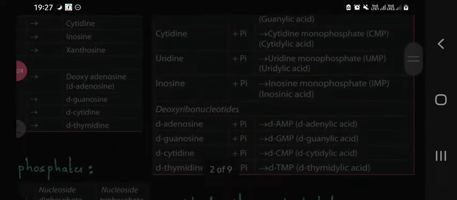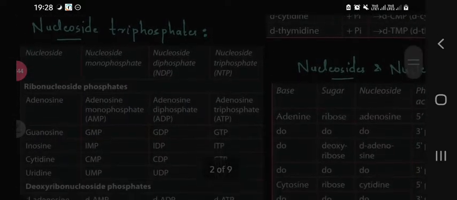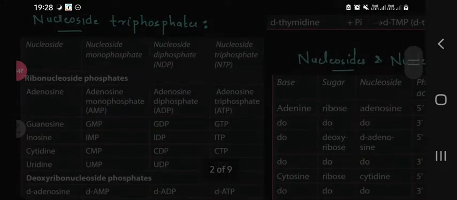Deoxynucleotides: deoxyadenosine plus Pi, dAMP, deoxyadenylic acid; deoxyguanosine plus Pi, dGMP, deoxyguanylic acid; deoxycytidine plus Pi, dCMP, deoxycytidylic acid; deoxythymidine plus Pi, dTMP, deoxythymidylic acid.